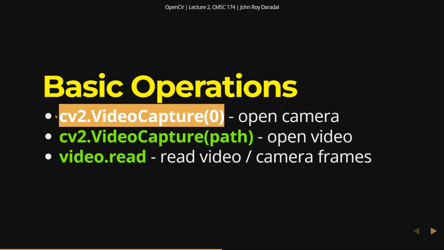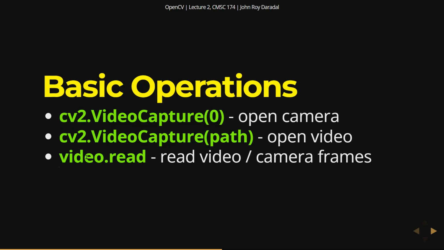So you would write it like video equals cv2.VideoCapture 0 or cv2.VideoCapture path. We'll see this in the demo later. But once you have this video object, you can call the read method to read video or camera frames from it. So those are the basic reading, writing, and opening video streams in OpenCV.